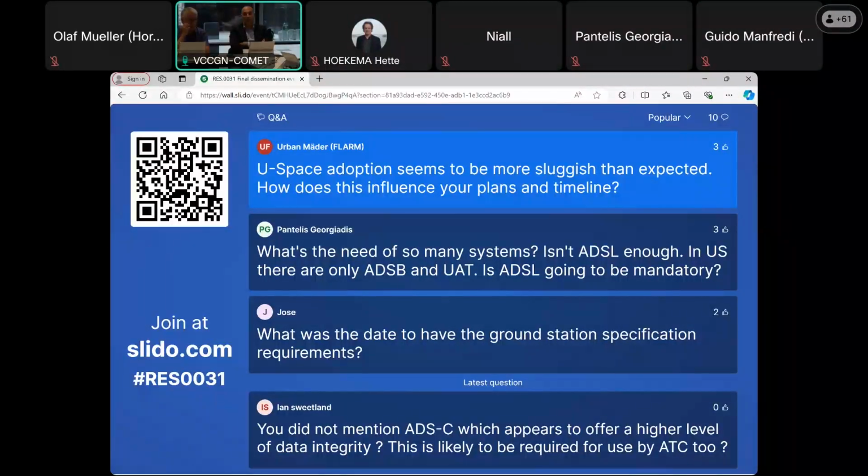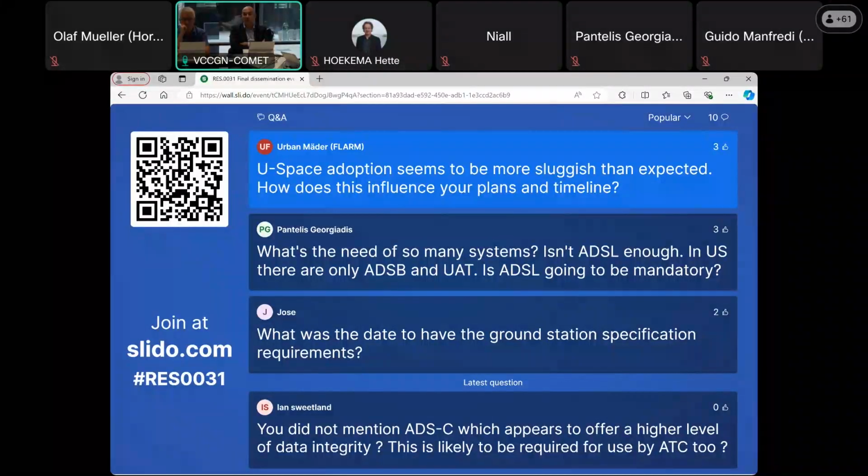Second, you have published the issue 1 of the specifications some time ago already. The industry is waiting for the first demonstration and the first equipment to be available.